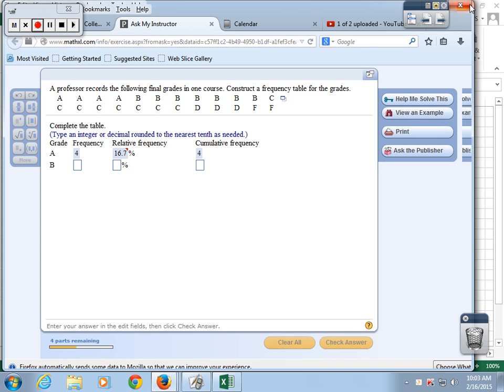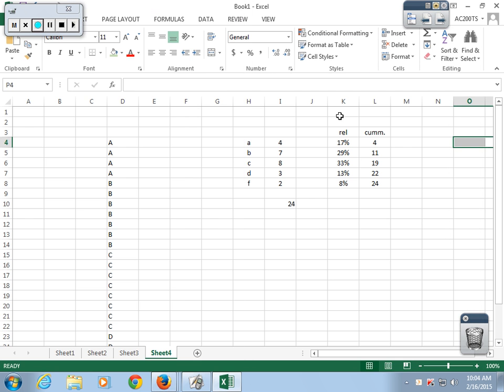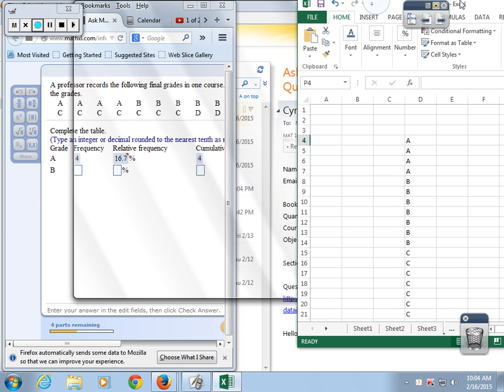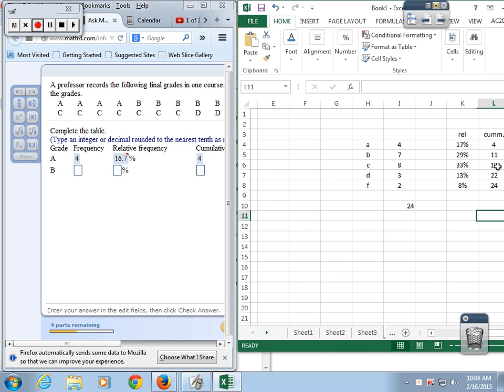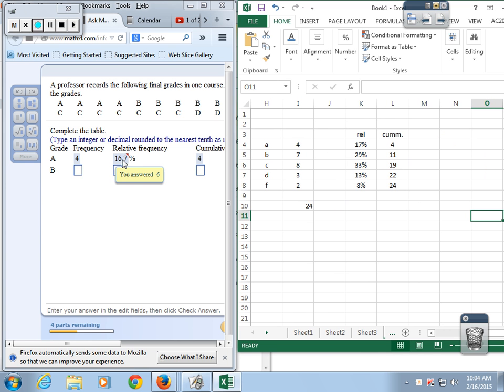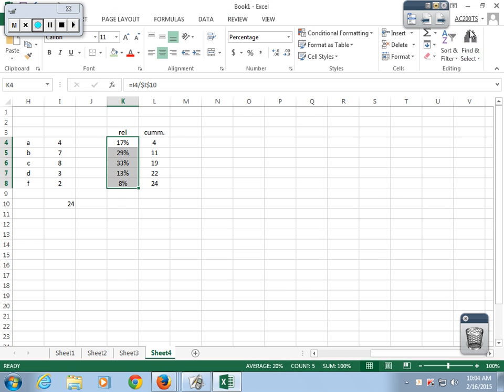And it says round to the nearest tenth. Great. So change it to decimal.